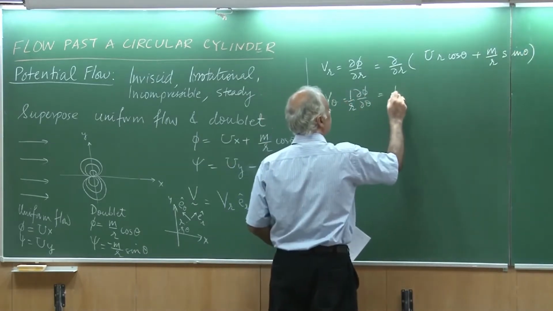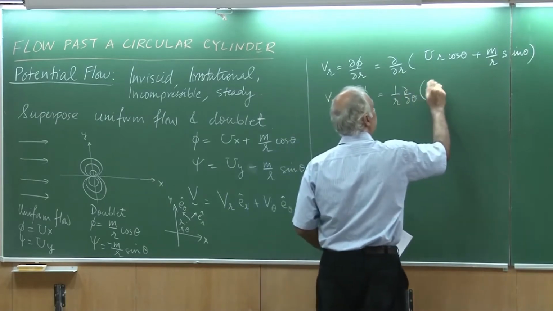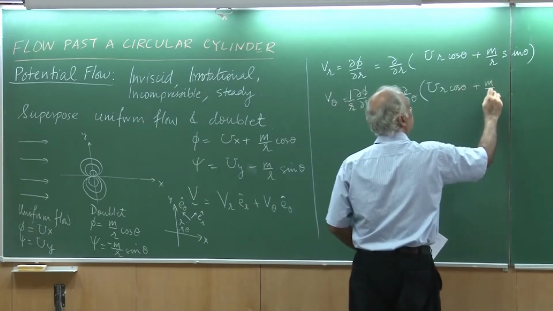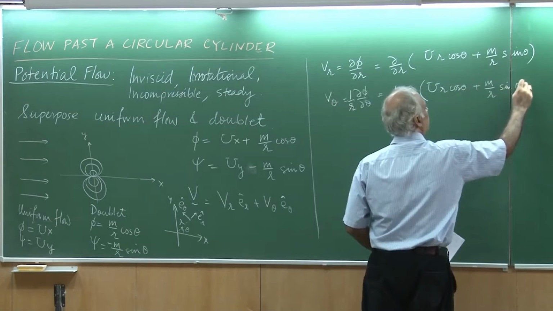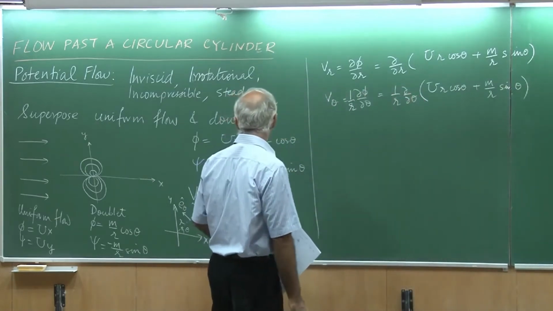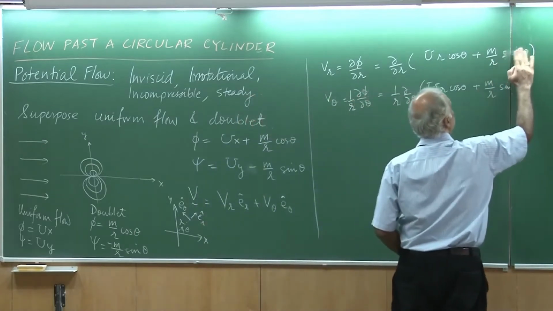And similarly, this one would be 1 by r del by del theta of u r cosine theta plus m by r cosine theta. I am sorry, I made an error here. This should have been cosine theta.